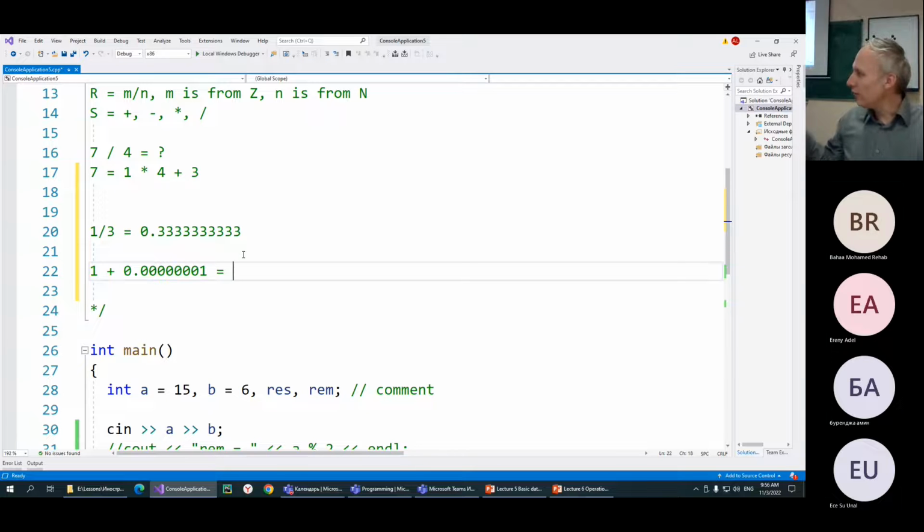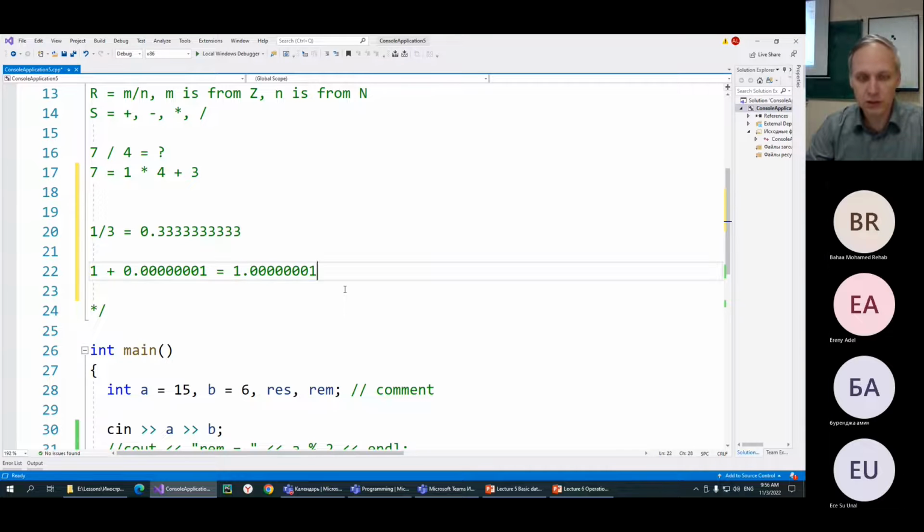1.0. The real result in mathematics, which you can find using pen and paper, will be 1.0, then a lot of zeros and 1. But in computer arithmetic with the type float, you get 1.